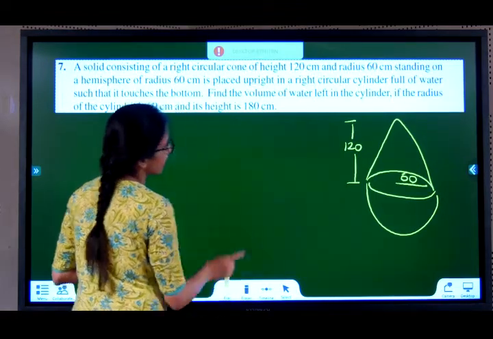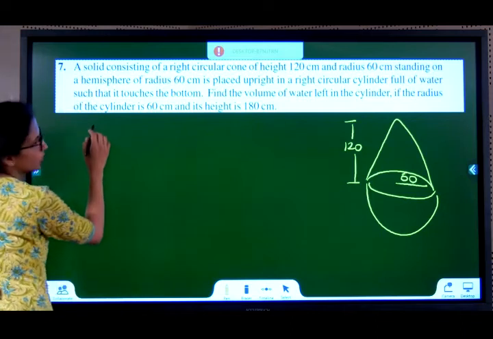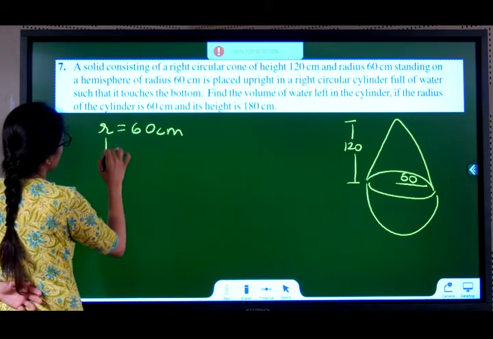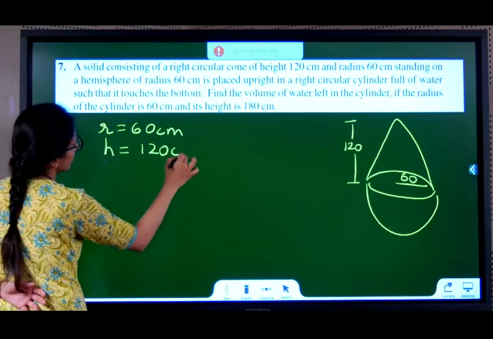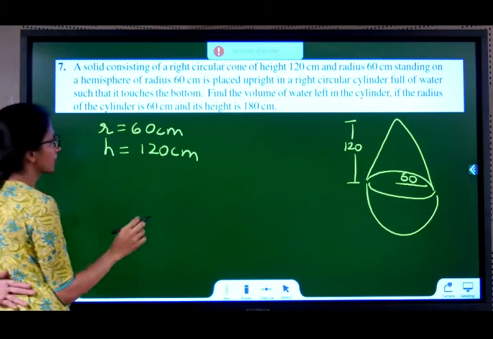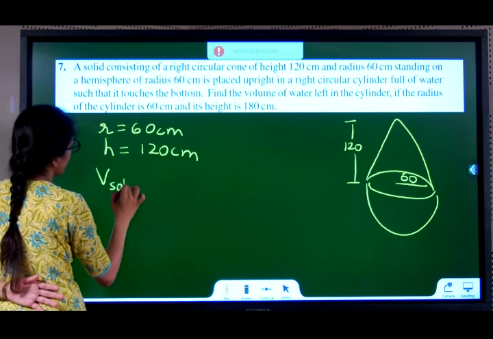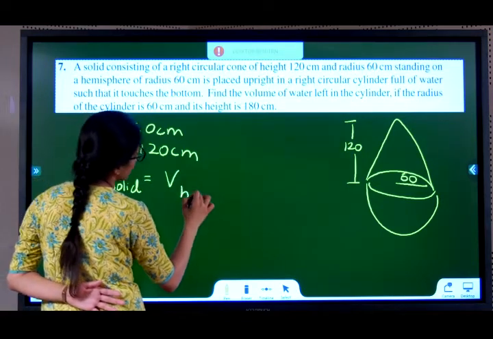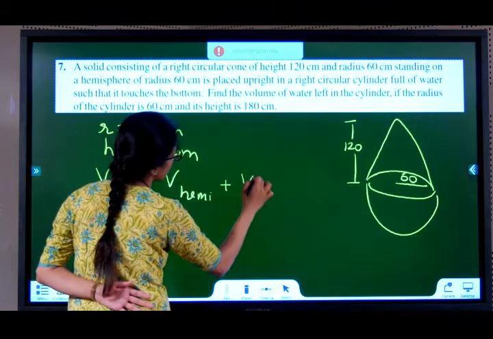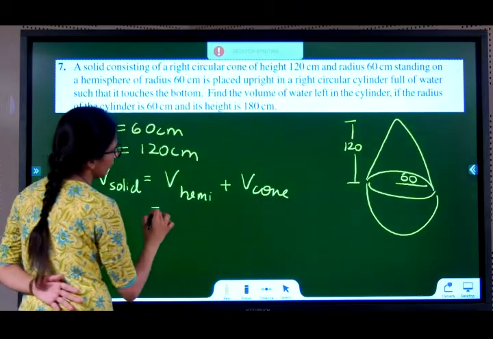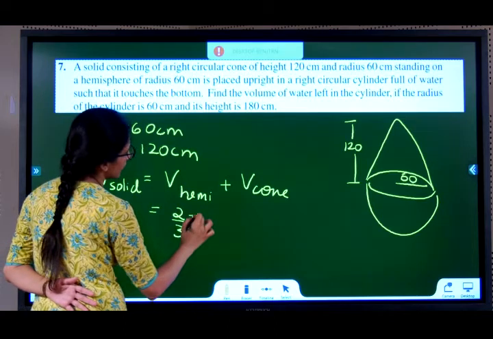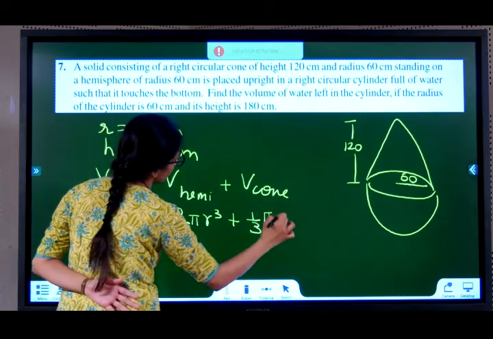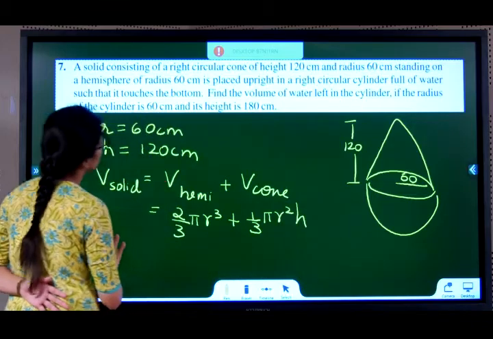Now in the solid case, cone radius is 60 centimeters, height of cone is 120 centimeters, radius of hemisphere also 60. So I can say volume of solid is equal to volume of hemisphere plus volume of cone. Volume of hemisphere 2 by 3 pi r cube plus volume of cone 1 by 3 pi r square h.